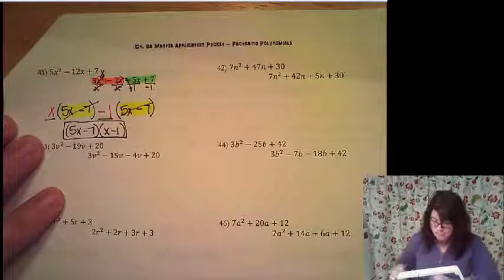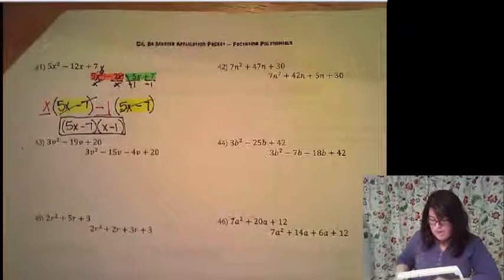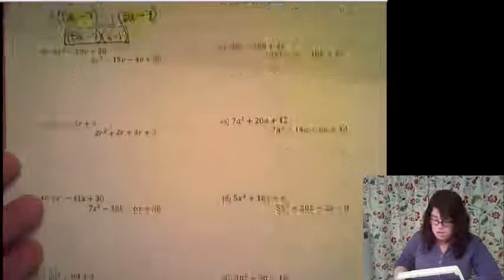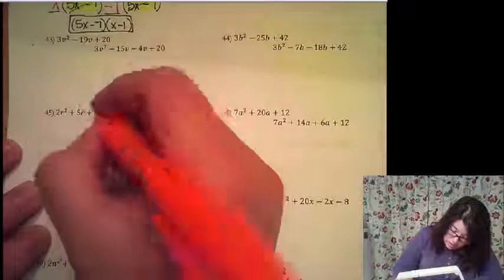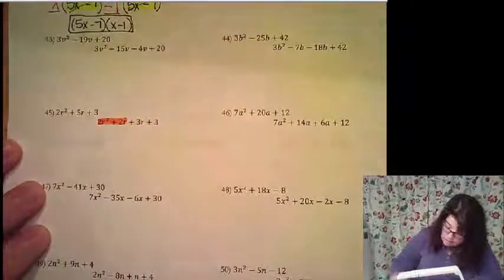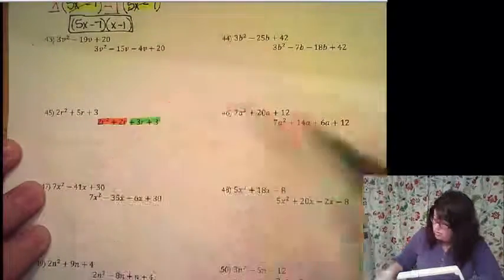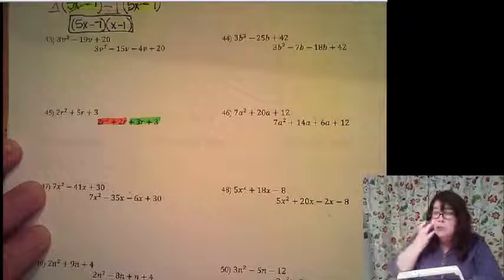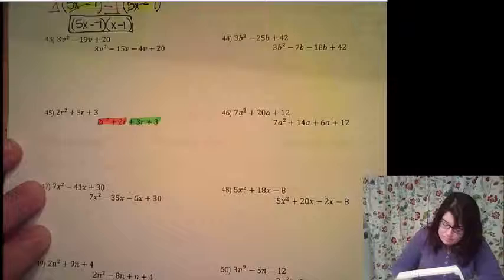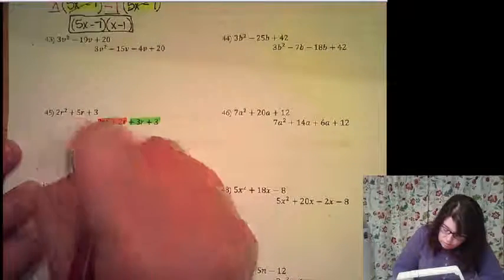Done. Let's take a look at 45. All right, 45 looks kind of crazy. It looks kind of humongous, and that's okay because I'm a pro and I'm going to follow my steps just like I've always done. It's exactly the same, even when it looks crazy. So here I've got 2 and 2. Well, that's easy.